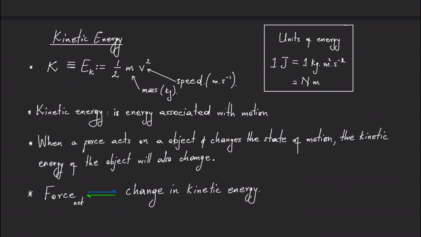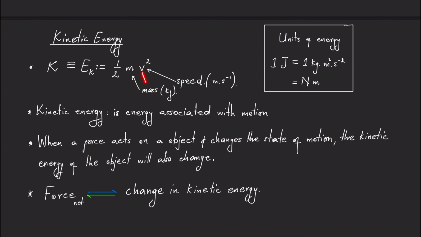Remember that the object will not change its state of motion unless a force acts on it. Using this idea of kinetic energy, we could begin to understand how forces cause acceleration. The way forces cause acceleration is that when a force acts on an object, it will change its state of motion by either speeding it up or slowing it down.